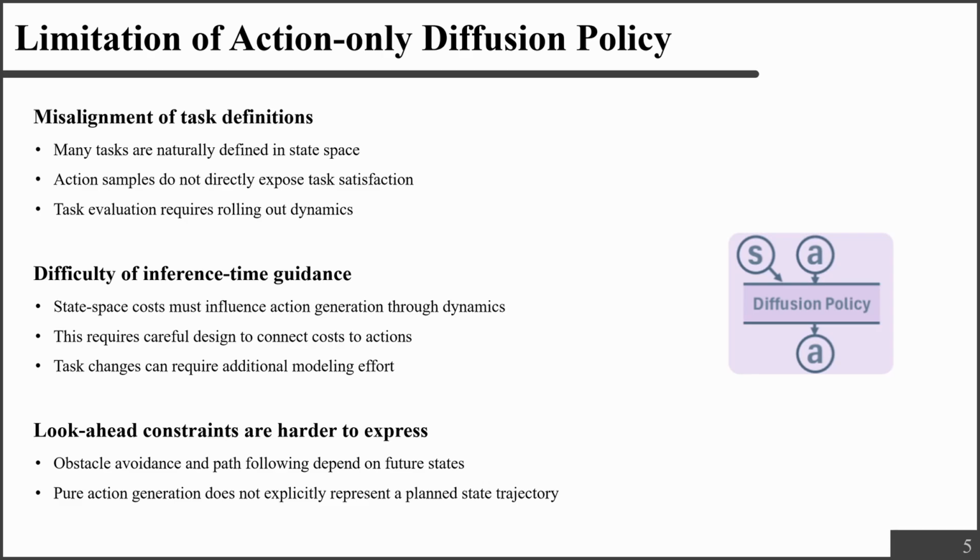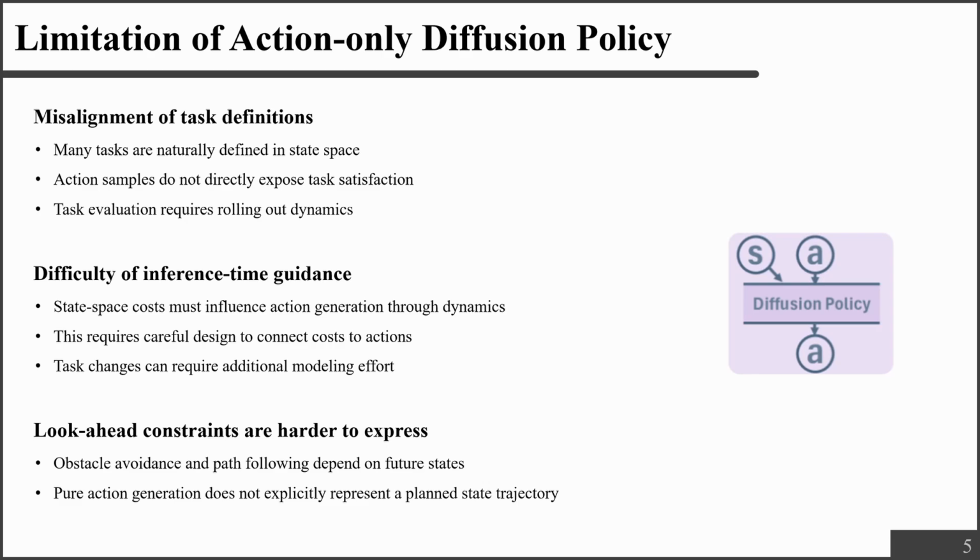Distance to target, collisions, and vector reaching and path following are almost naturally written as functions of states over time. If we generate actions, we cannot evaluate this state-based objective until we roll out the dynamics.